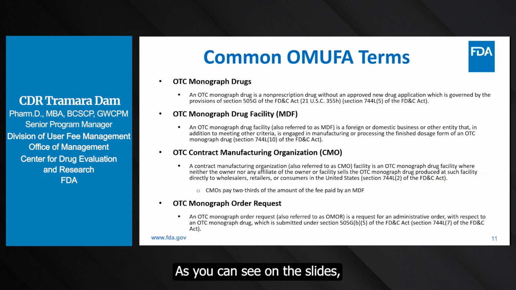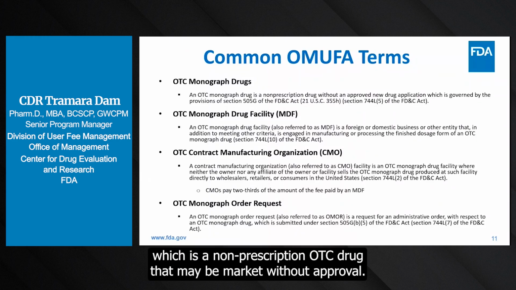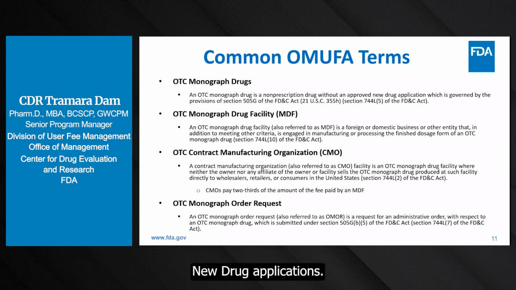As you can see on the slides, some of the common OMUFA terminologies include OTC monograph drug, which is a non-prescription OTC drug that may be marketed without approved new drug applications.